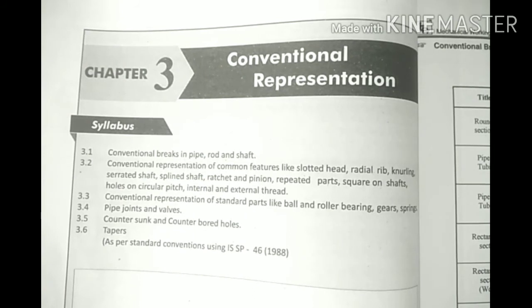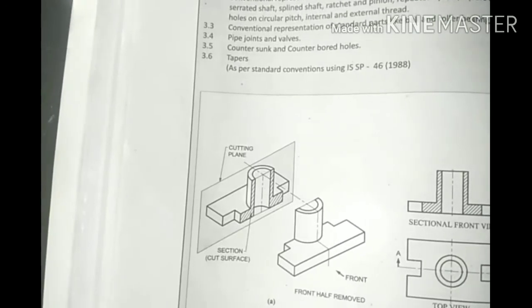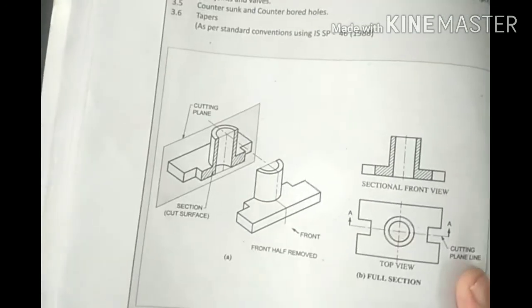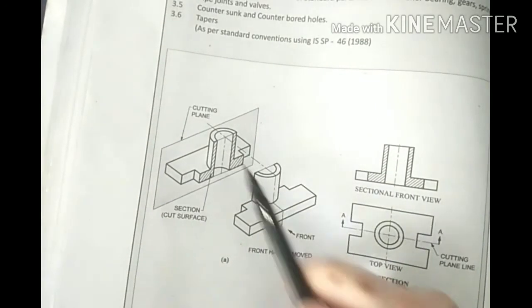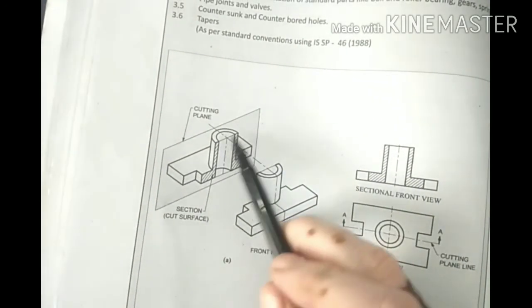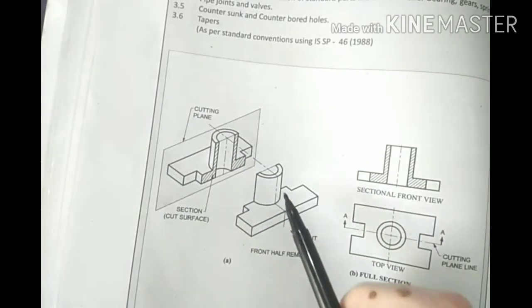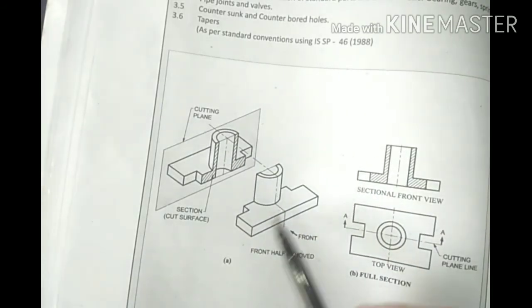So in second semester we have studied sectional views. In sectional views, as we know that this is the complete object and it is cut by a section plane. So the portion which is nearer to observer, it is removed.